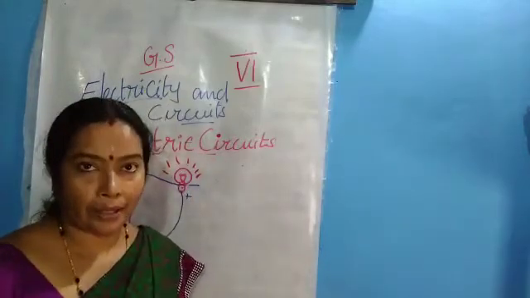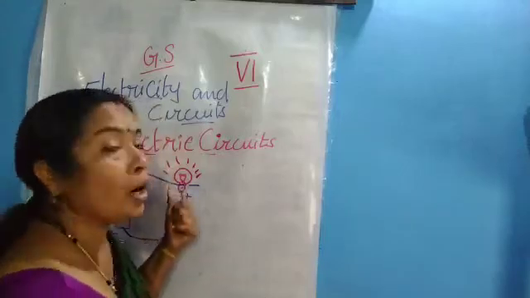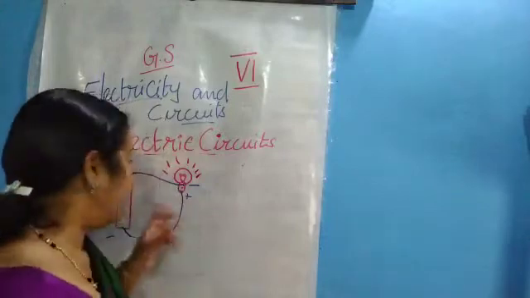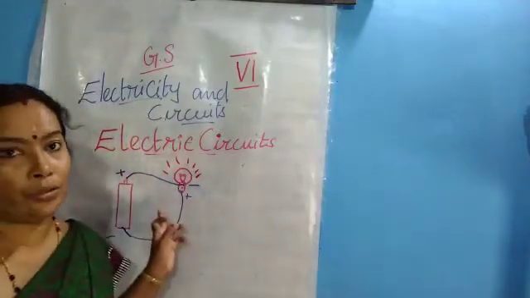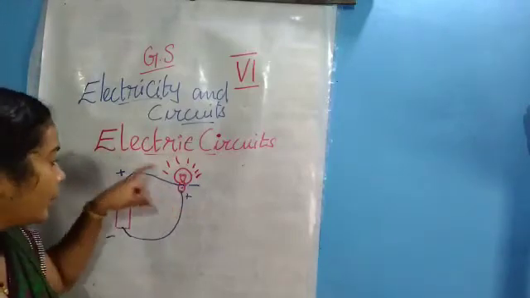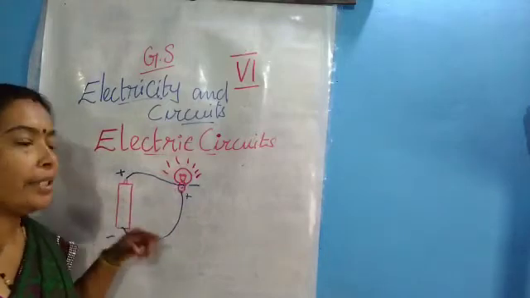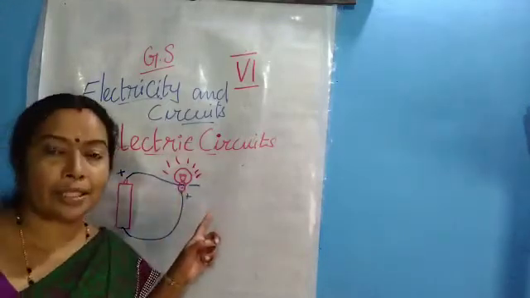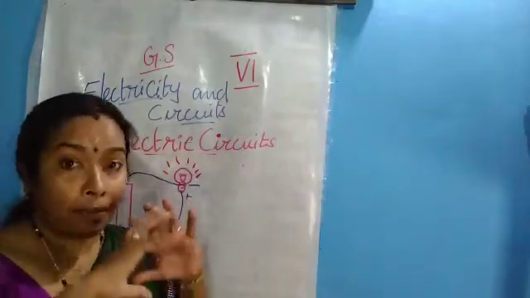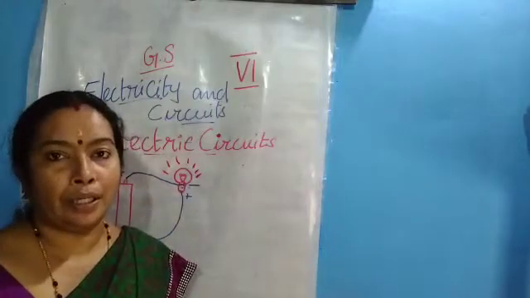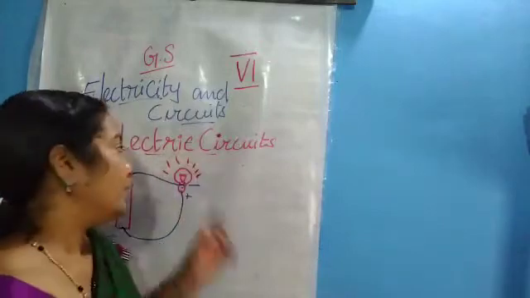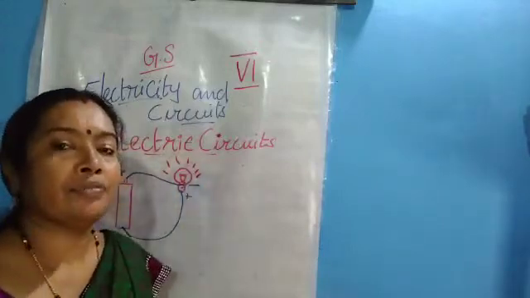It is a special path that we make using wires, and we connect those wires with the electric source. The battery is the electric source, which generates the electricity. We connect the wires properly with the source and also with the electric appliances which consume the electricity and work. If the connection is proper and the path is a complete, closed one, then the electric appliance will work.